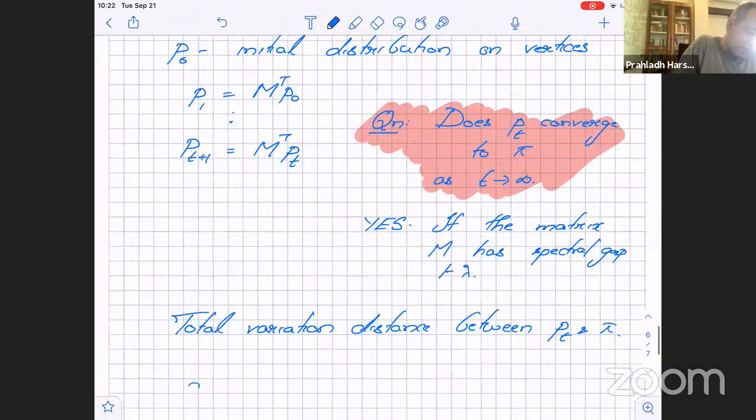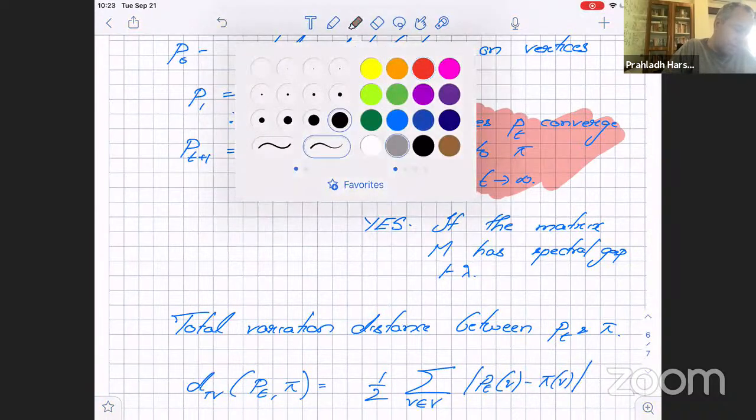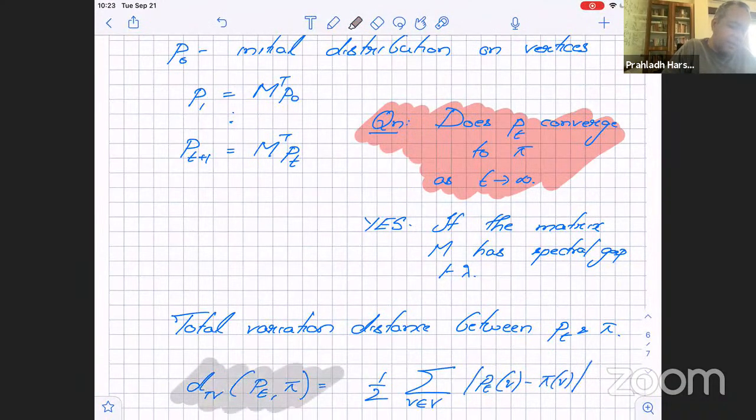I'm just recalling the definition. It's half of the summation over v in V of the absolute difference between Pt(v) and pi(v). And I want to ask, does this quantity become smaller and smaller as t goes larger and larger? That's what we want to ask.